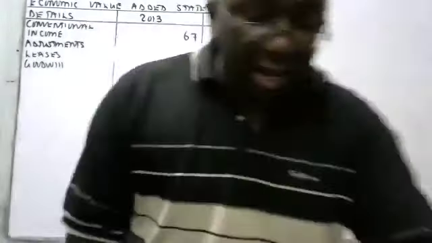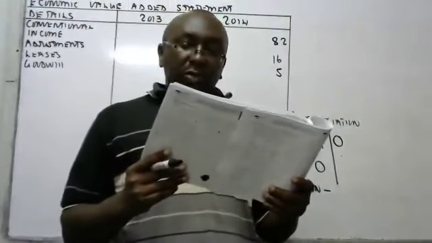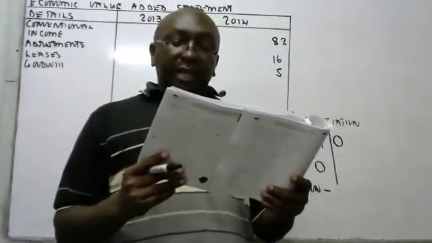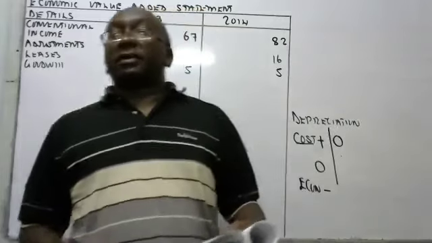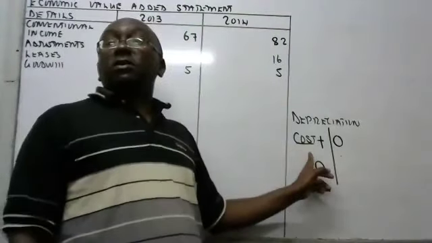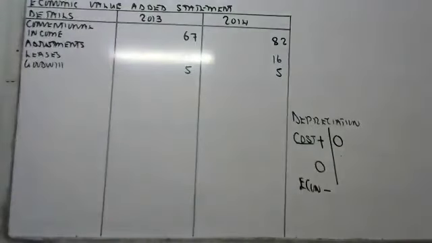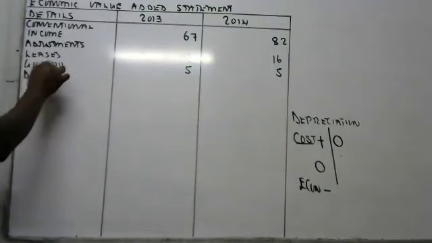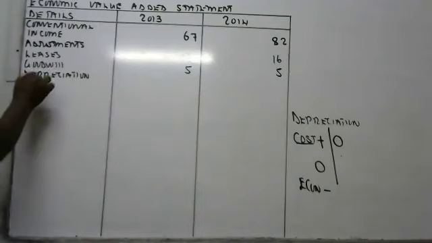In our question here, we are already told the economic depreciation, and then the other sentence says the amounts were equal to the depreciation that was used for tax purposes. That depreciation that was used for tax purposes is the one that we are calling what? Cost. So maybe what I can do for purposes of record, we can write depreciation here instead of ignoring it fully. We have the cost and we have the economic.